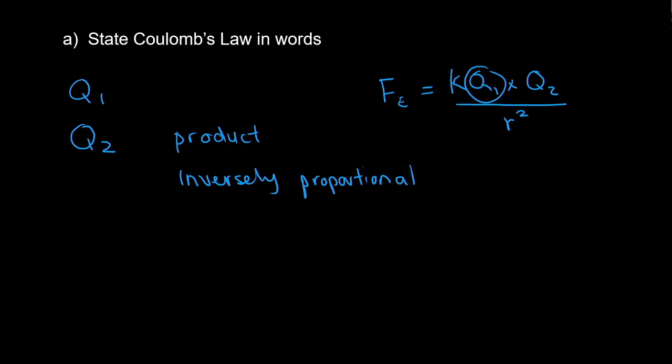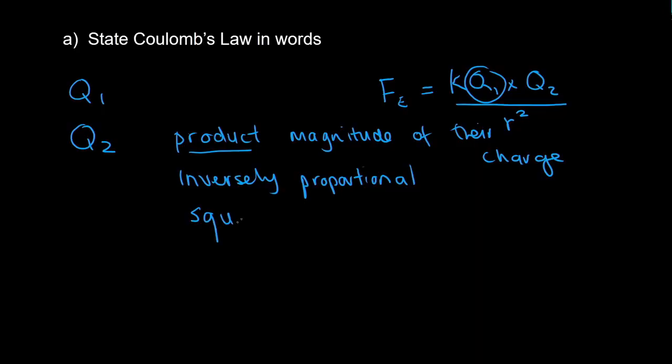So those are the words that are really, really important. So it is the product of the magnitude of their charge, and so it's directly proportional to the product of the magnitude of their charge and inversely proportional to the square, that's also very important, square of the distance between them.